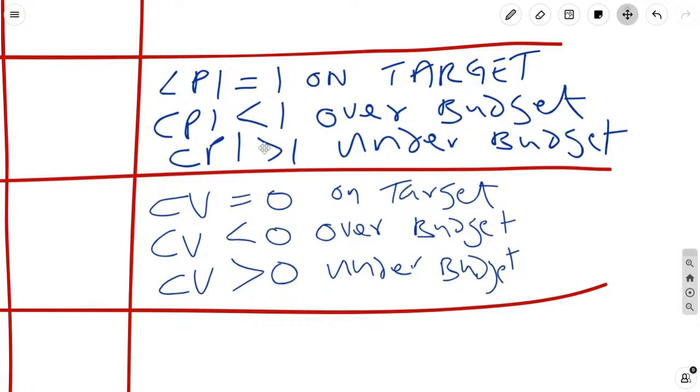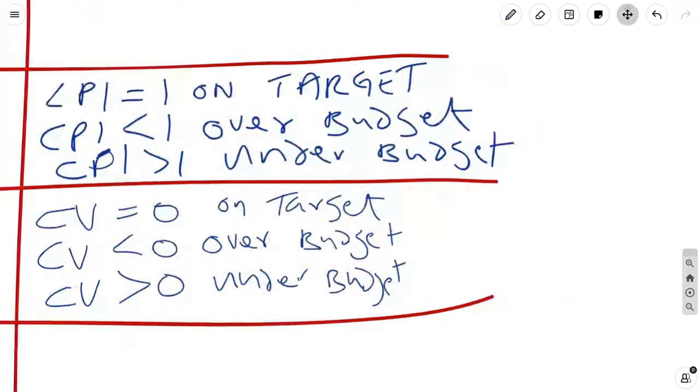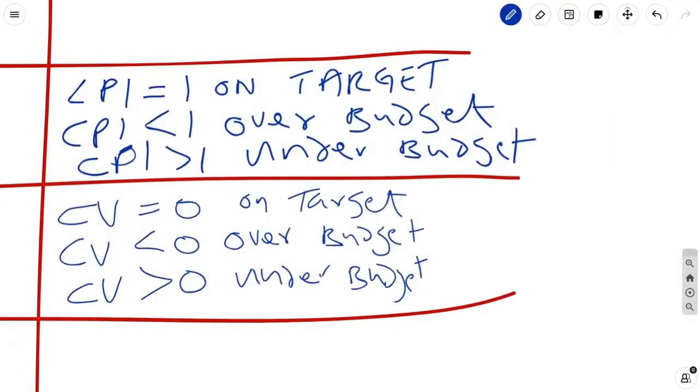Now, if it is so much greater than 1, that could actually be a concern. So you've got to watch it. For example, let's say your CPI is 4.5. That means you're spending $1 and you're getting $4.50 out of a dollar. Are you a magician? Are you a Houdini? How are you doing that?